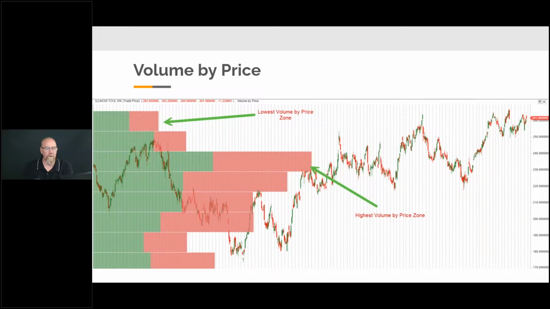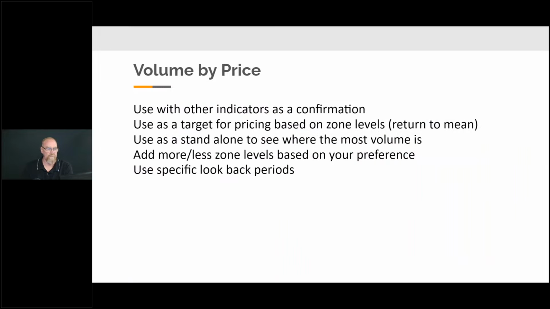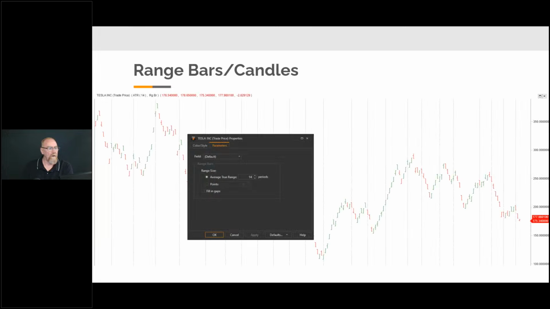So once again, more to show you about the volume by price. Range bars. Range bars are when a stock closes at a higher or lower level, then it will create a new bar, compared to over time.